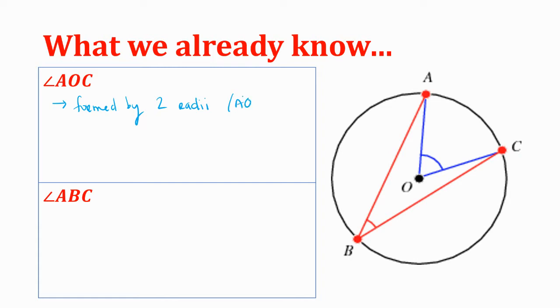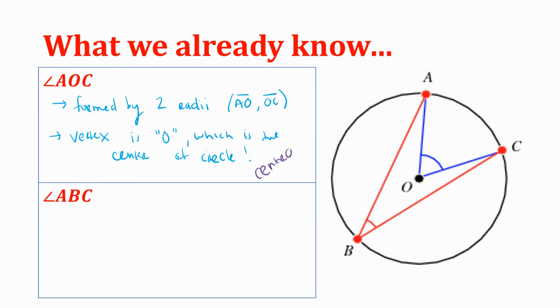AO is a radius and OC is a radius. We also know that the vertex of this angle is O, which is the center of the circle. This is what is known, and you might already know this, as a central angle.